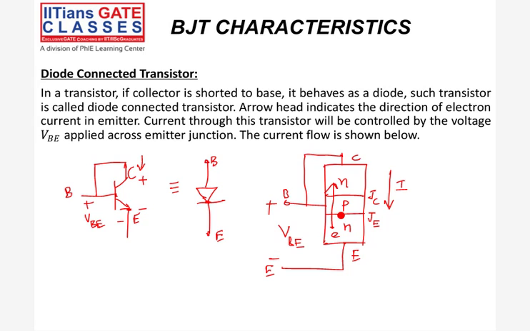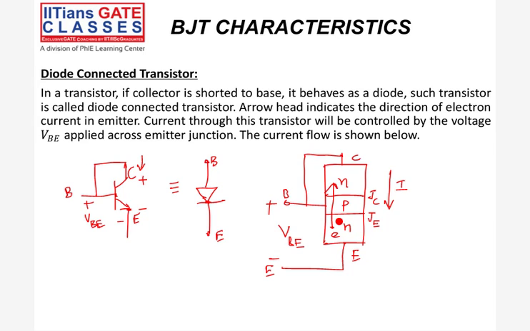So this circuit can be converted into this format. That is the flow of current shown in the figure. Here we applied positive voltage, meaning the emitter junction is forward biased. So electrons will be injected from the emitter into the base.